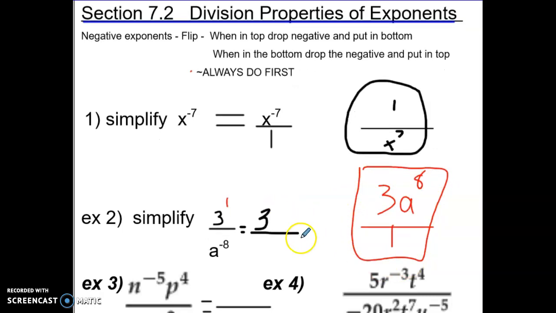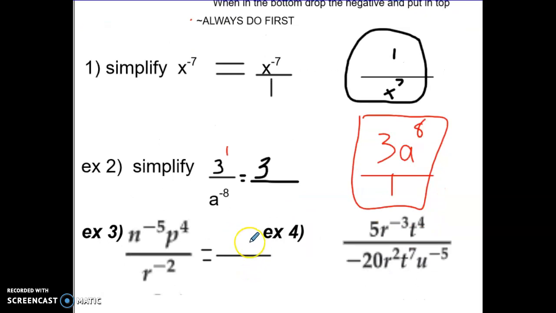So let's talk about this one. We're going to go through one term at a time, and I'm going to ask you what the answer is. N to the negative 5. Do we leave it in the top, or do we put it into the denominator? So this one goes to the denominator. All right, I did the first one. But now, do you leave the p to the positive 4? Do we leave it in the top, or is it negative?